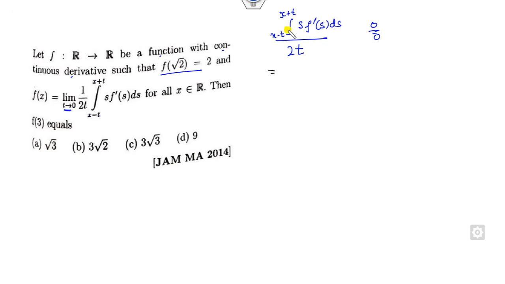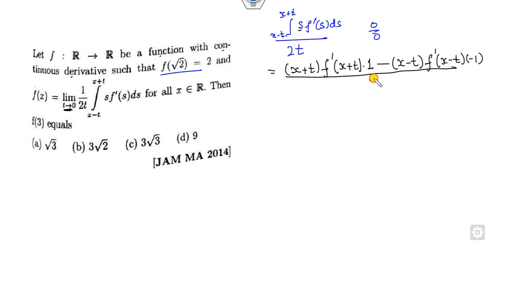So what is the derivative of this? I can substitute x plus t, f dash of x plus t into derivative of here, minus, I can substitute the below value, this f dash of x minus t, derivative with respect to t is my minus 1, because limit is with respect to t, divided by 2.